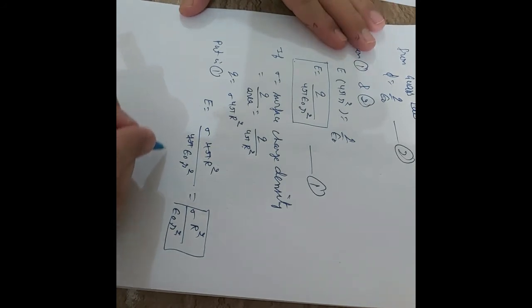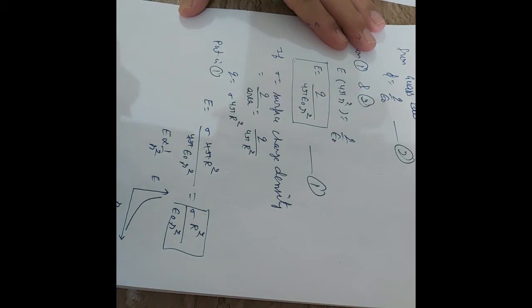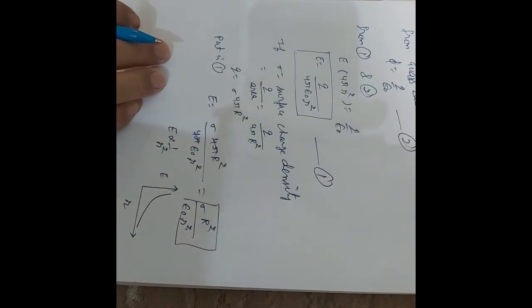So what we can say? We can say that in this case E is inversely proportional to r square. So what is the graph between E and r? It is inversely proportional to the square of r. Alright?